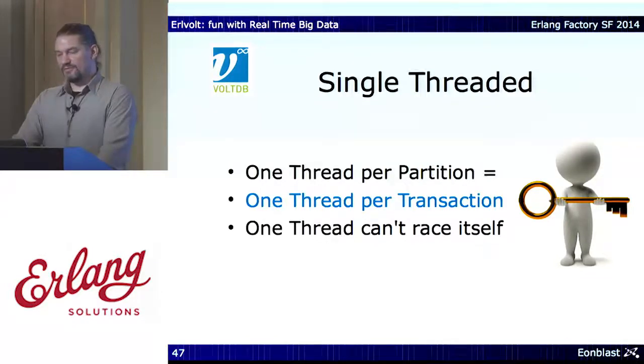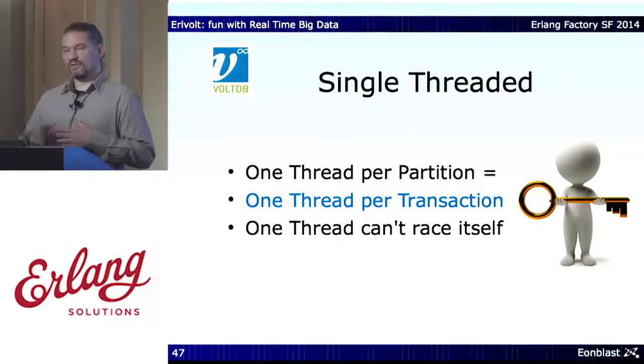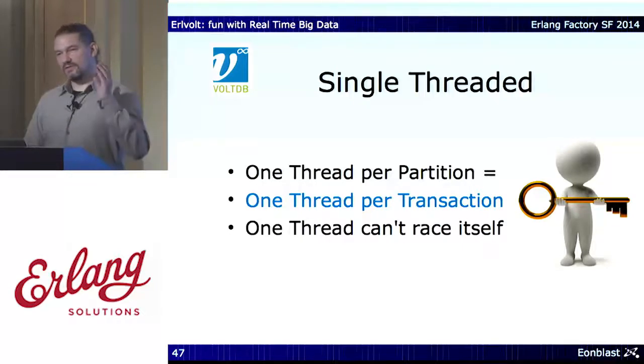And that's very much the same philosophy that VoltDB uses here, where they have one thread per partition, and they try to separate the workload in a way that each individual transaction is done by one thread, doing the entire transaction in one go.